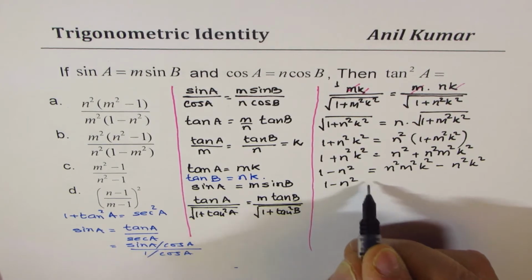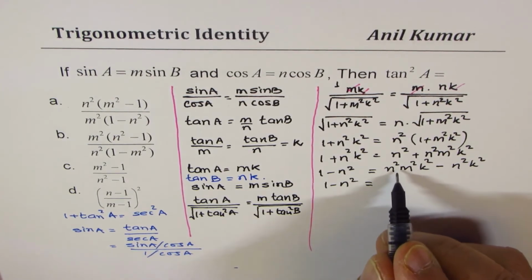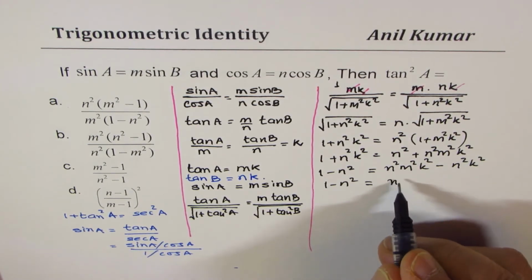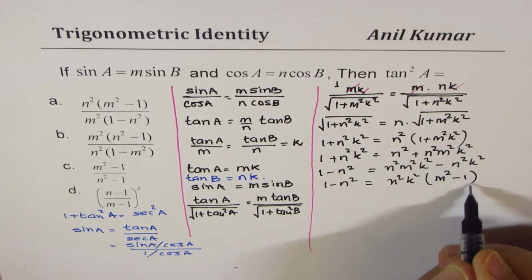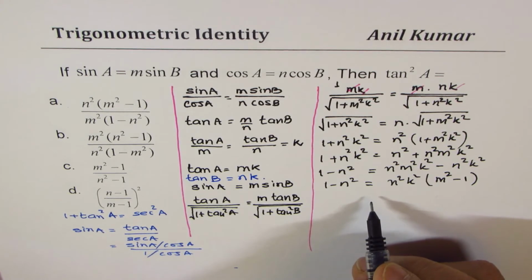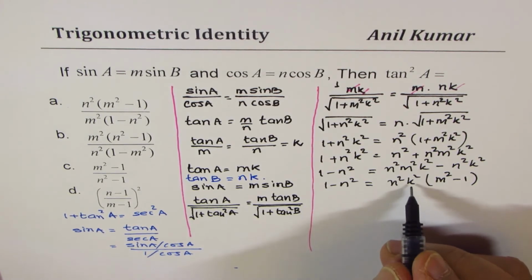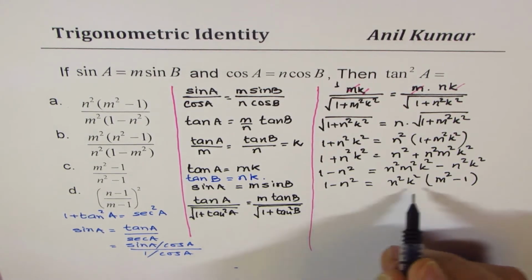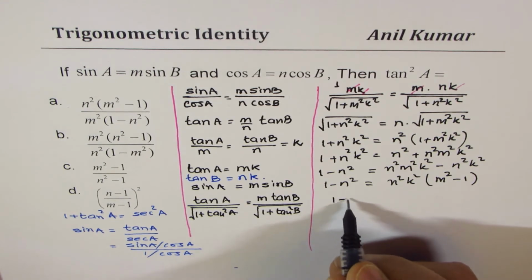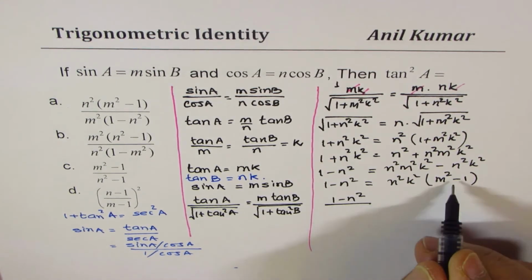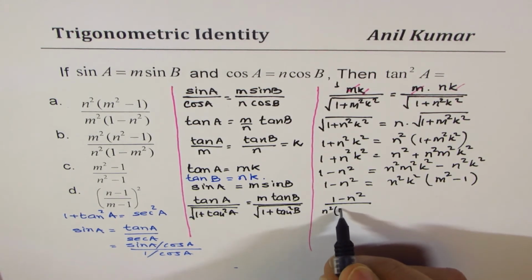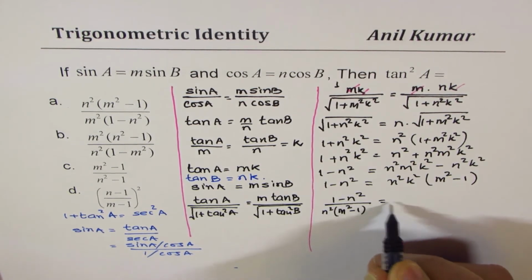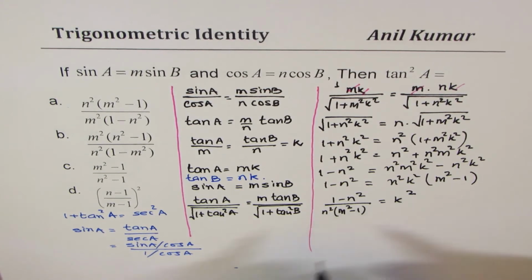N square k square is common, correct? And we can write m square minus 1. And from here we can write what k is. Dividing, we get 1 minus n square over n square times m square minus 1 is k square.